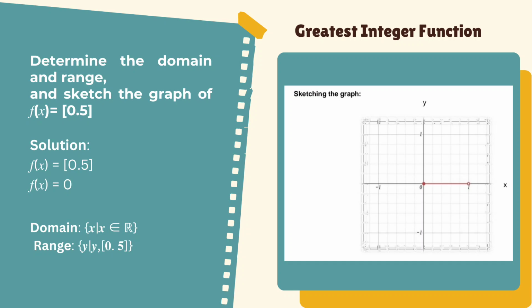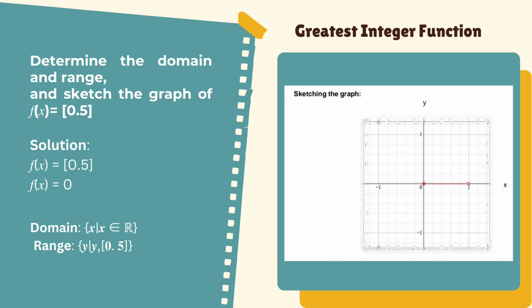The domain is the set of real numbers, while the range is the set of integers. Thus, the domain is x such that x is an element of real numbers and the range is y such that y is an element of integers. So to understand the graph of the greatest integer function, let's have an example.